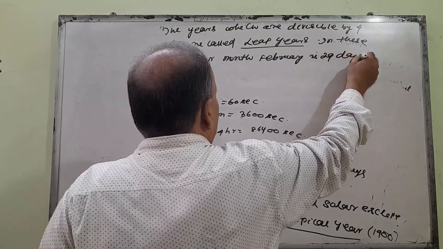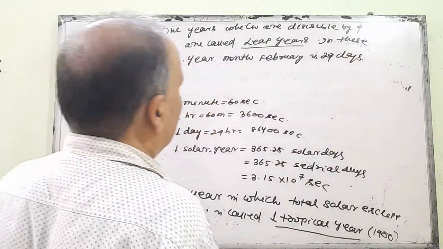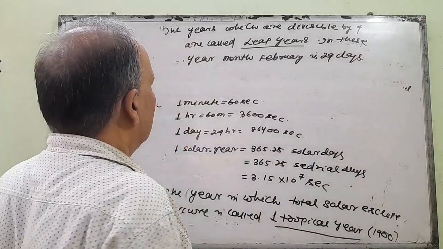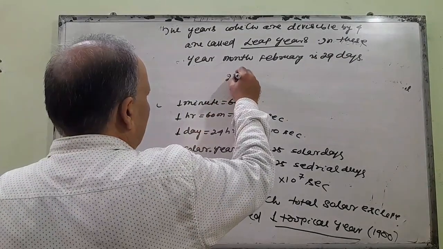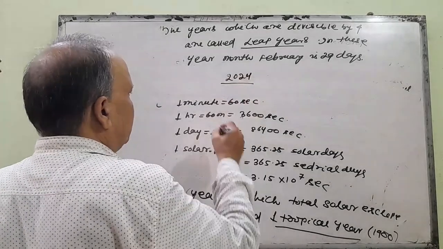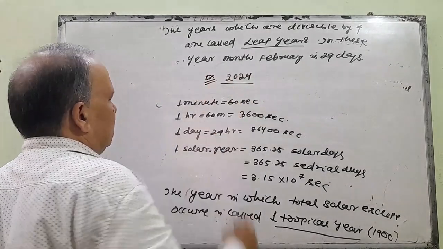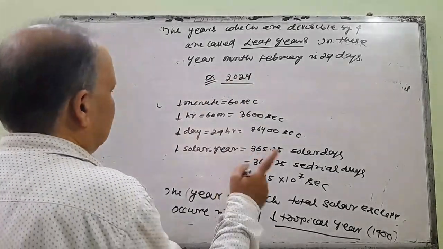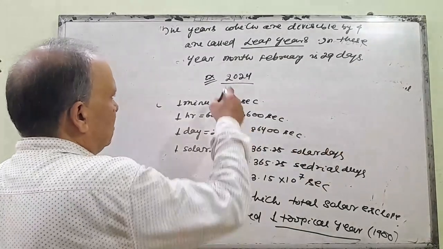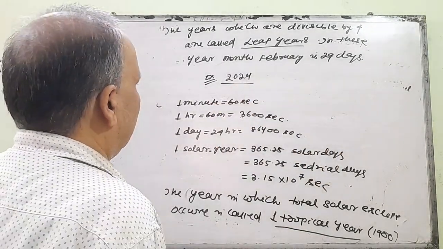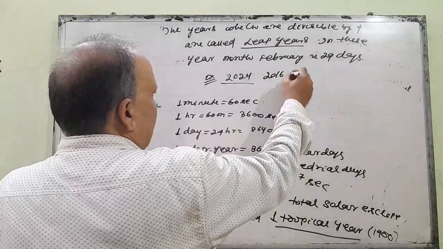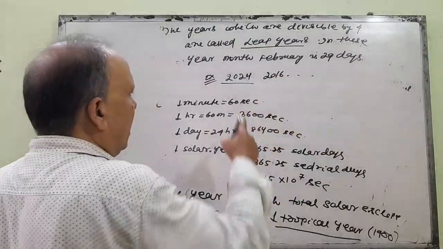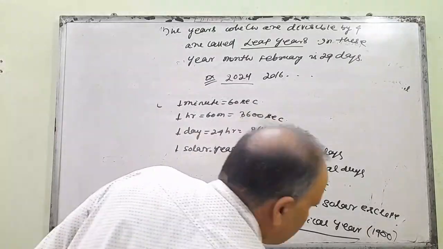You know leap year. In the years which are divisible by 4, your 2024, this is a leap year coming. Our coming year 2024 is a leap year, and your 2016 is also a leap year, like this, which are divisible by 4, and in these years the month of February is 29 days.